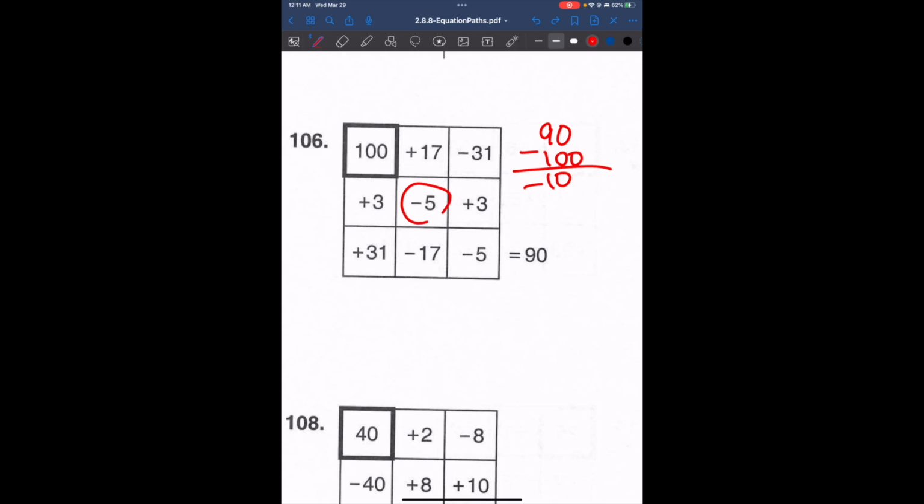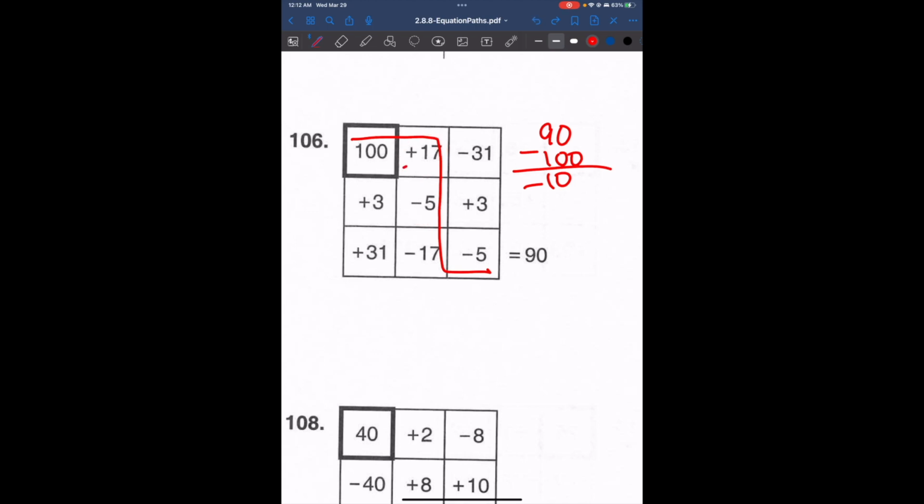And so if we want to use these two negative 5s, then that means that every other number involved in the path must be cancelled out so that eventually we only have negative 5 and negative 5 that actually matter. So considering that, we want to cancel other numbers out, and we can see that this path can work because we have a plus 17, a minus 5, minus 17, plus 17, negative 5, negative 17, and negative 5 involved.